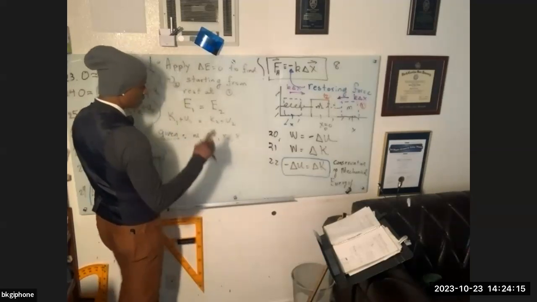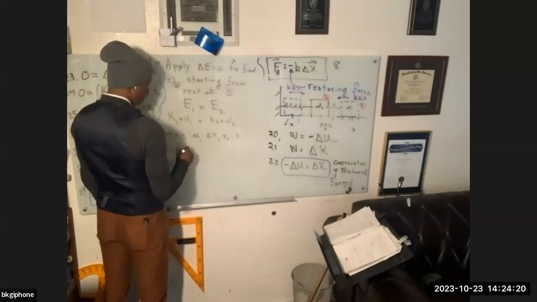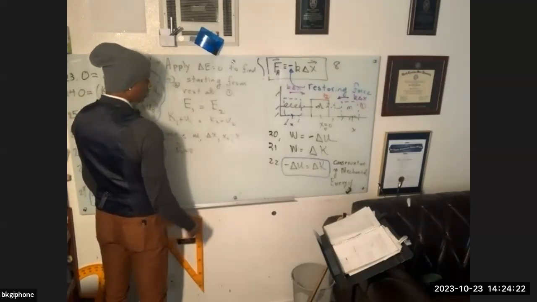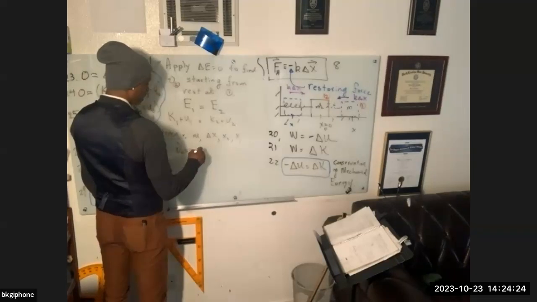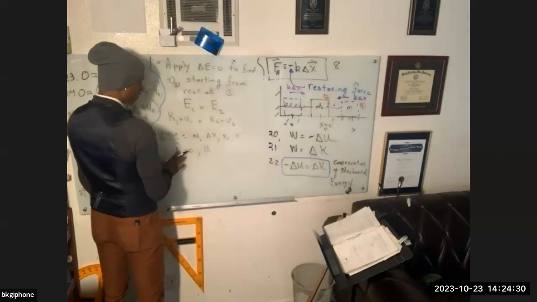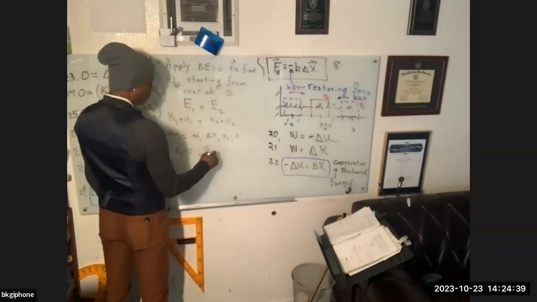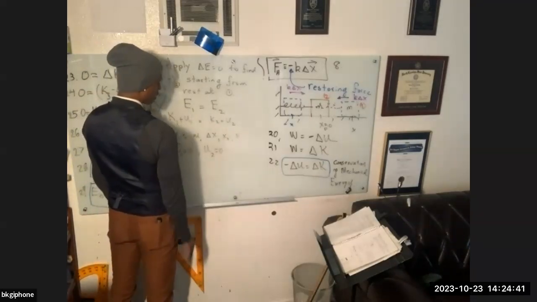But implicitly, we know that V naught is 0 because it starts from rest. I'll call it V1, so V1 is equal to 0. And U2 is equal to 0 because delta X is 0 at that point.